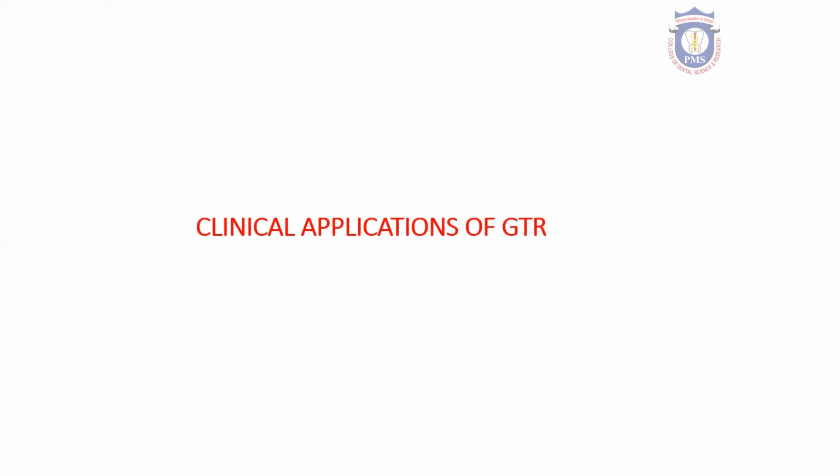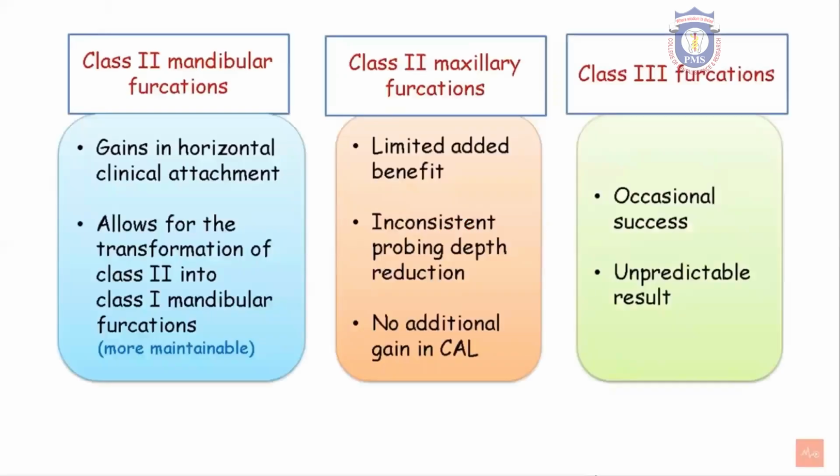Now we'll see the clinical applications of GTR. Studies have stated that using guided tissue regeneration in a class 2 mandibular furcation results in gain in horizontal clinical attachment, and it allows the transformation of a class 2 furcation into a class 1 mandibular furcation, which can be maintained by the patient.